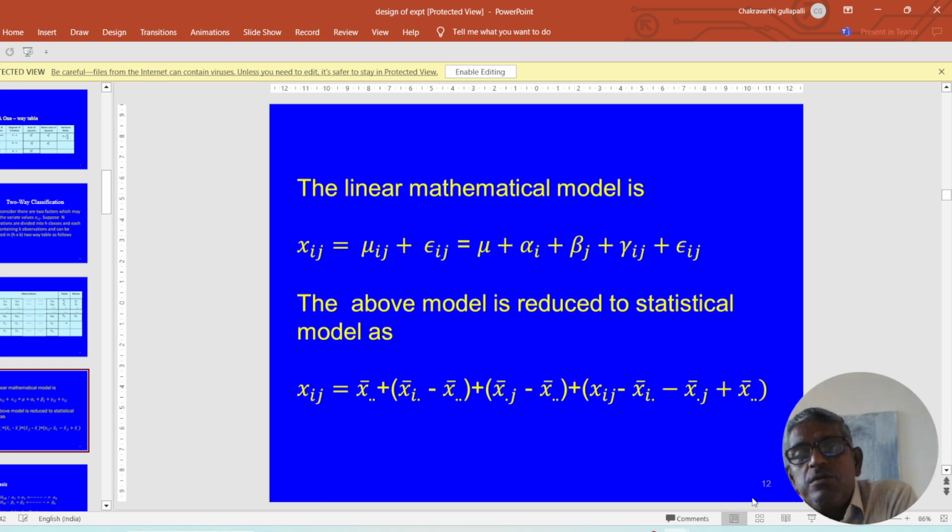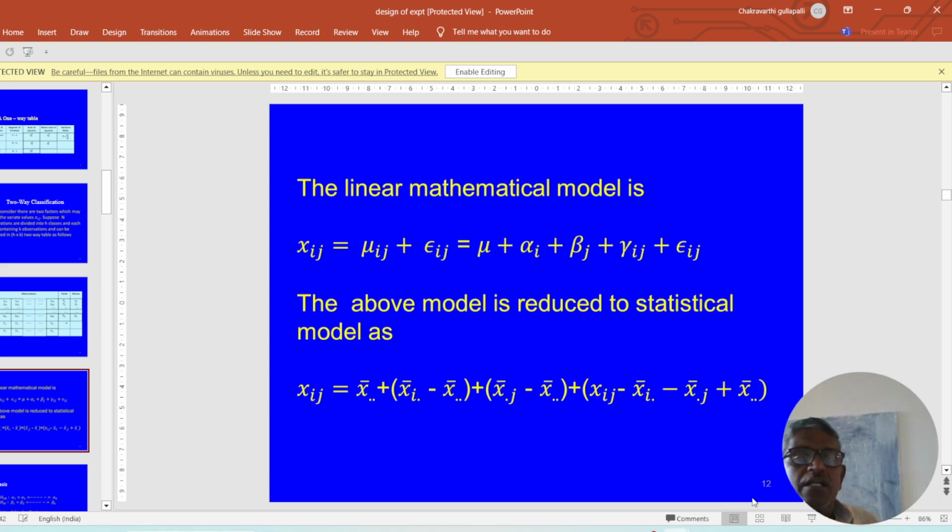Now, coming to the mathematical model we use here, mu ij plus epsilon ij. In one-way classification we use only mu i plus epsilon ij, but in the two-way model we take two suffixes, mu ij, where i represents the first factor and j represents the second factor.